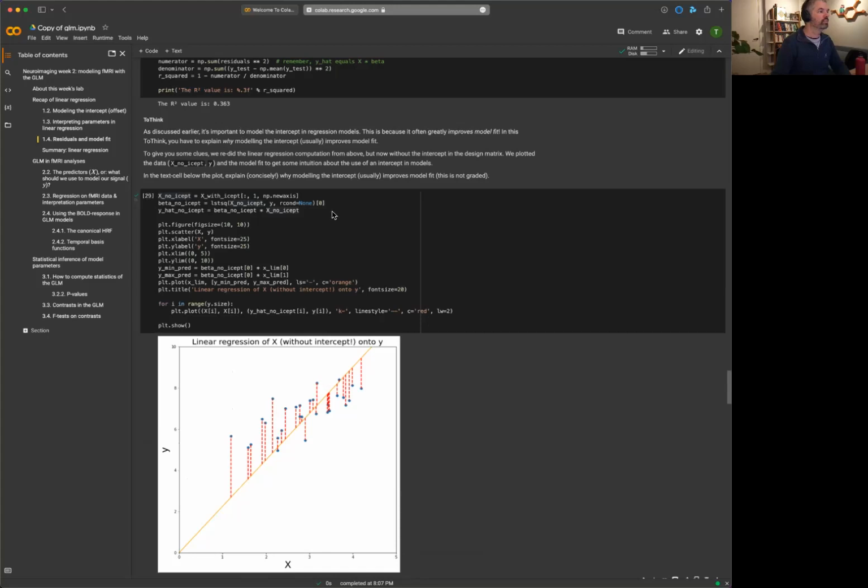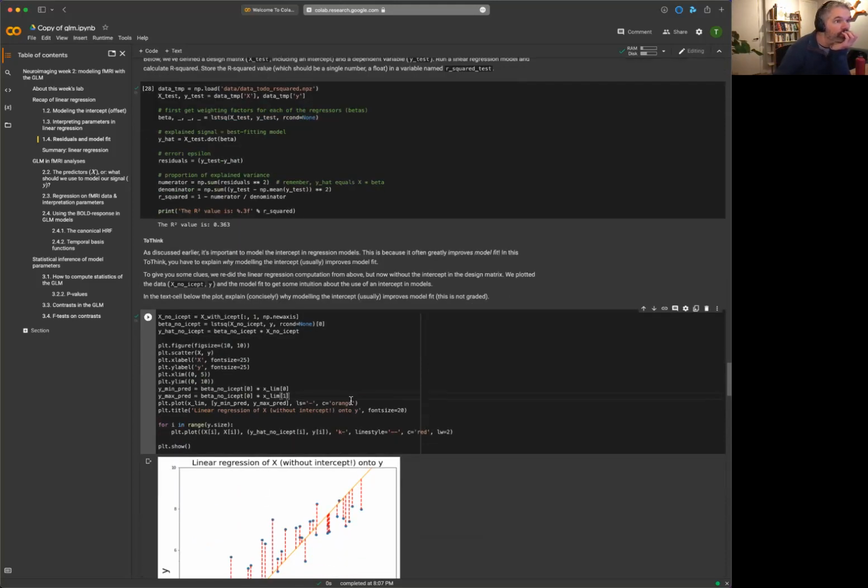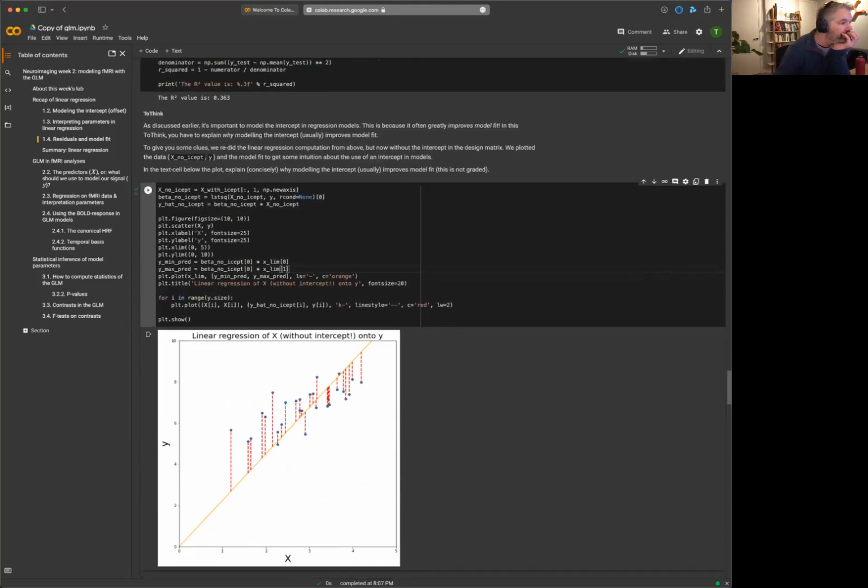Ah, yes. Now we have to go through the explanation of why there is an intercept in the first place. Now, that's an important question. So here's an example of what happens when you don't have an intercept, right? You can still perform least squares.